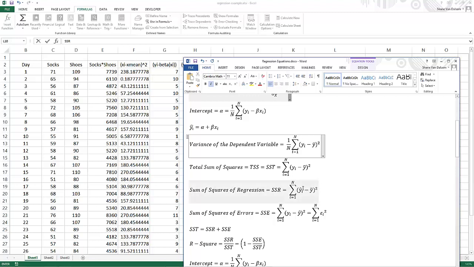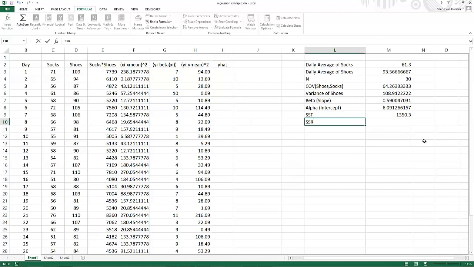The first thing we need to do is calculate the predicted y for each observation. I have that up here as yi hat is equal to the intercept plus the beta multiplied by xi for each observation.